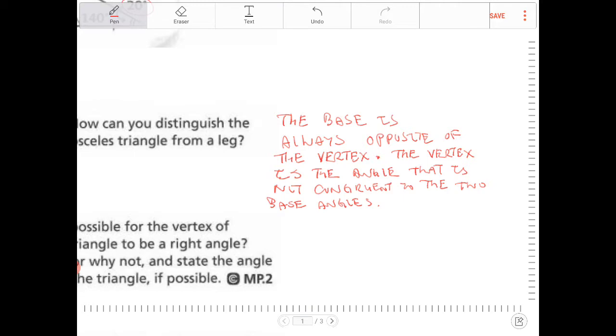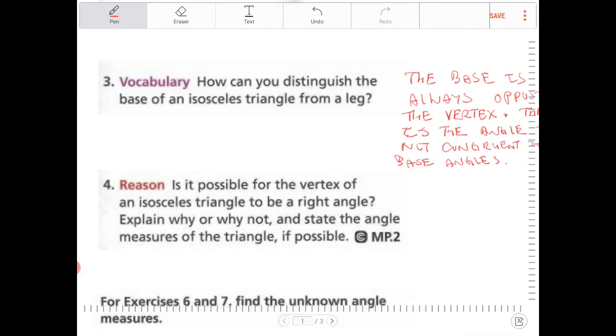Another way of thinking about it is the side that is the included side with the two base angles. So an alternative way of thinking about it is the included side formed by the two congruent base angles.